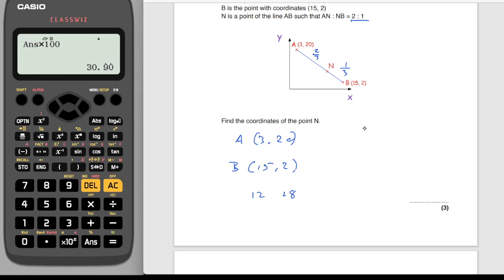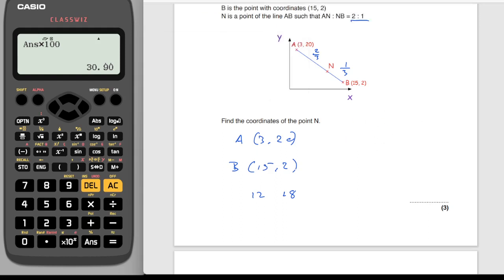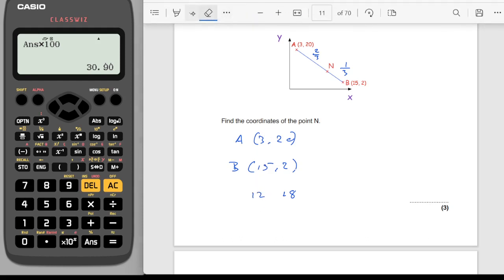So actually, the coordinate of N would be 2/3 of 12. No, sorry, I've kind of misexplained that. That's not going to be the coordinate. In effect, we want to look at something that is 2/3 of 12 away from 3. So let me clear that up a little bit, because I've not explained that very well at all.